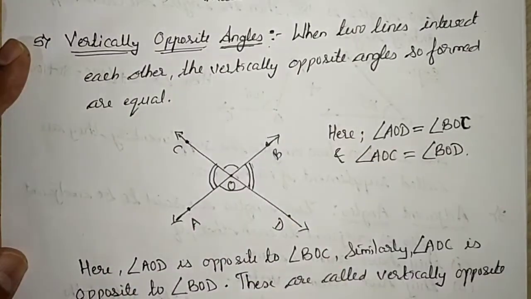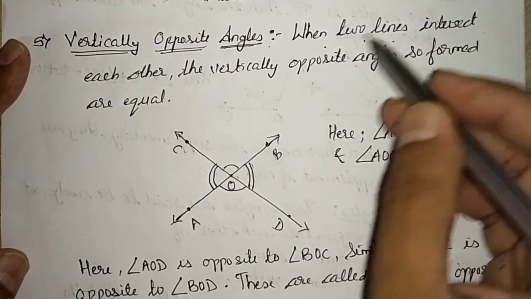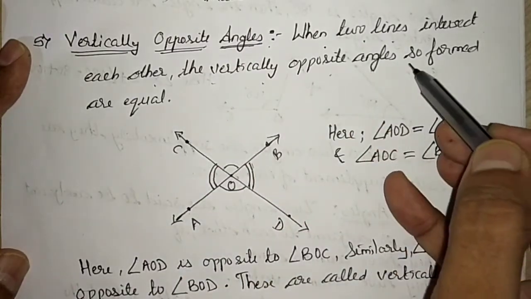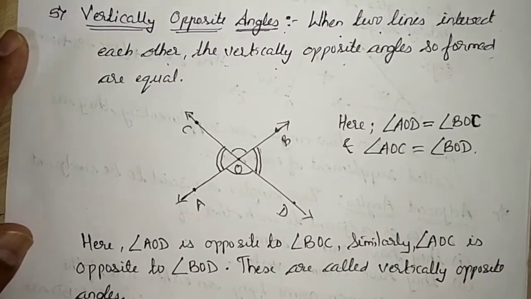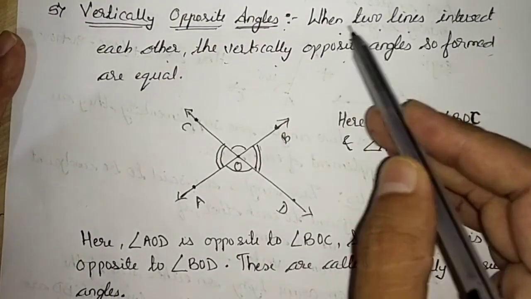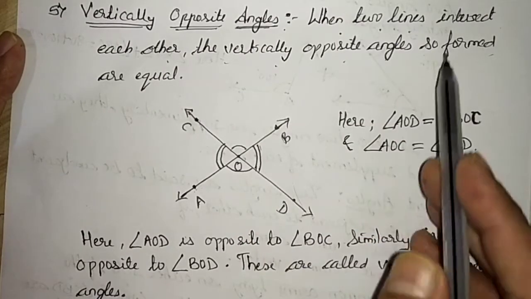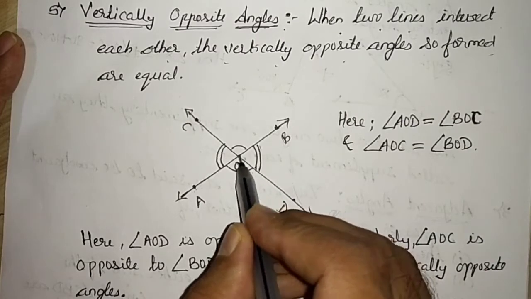Fifth question, vertically opposite angles. When two lines intersect each other, the vertically opposite angles so formed are equal. Let me explain through an example. Here, AB and CD are two lines intersecting each other.